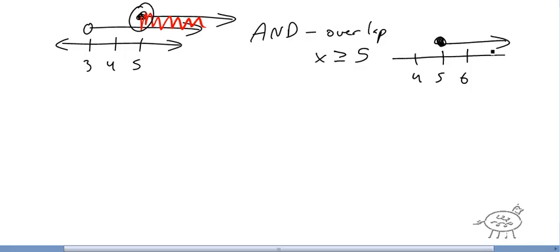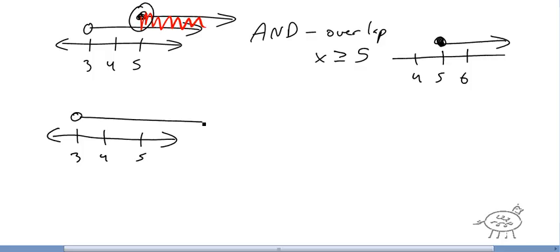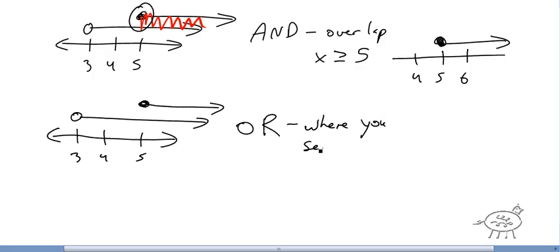Okay, let's say this exact same problem, just to review, was an OR problem. So if this was an OR problem, remember the solution is where you see the line. Well, I start to see the line right here. That's where I see the line.